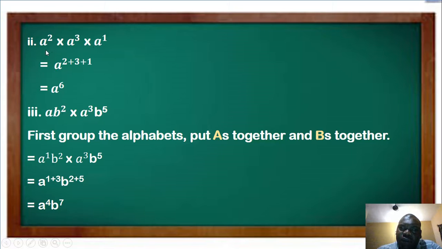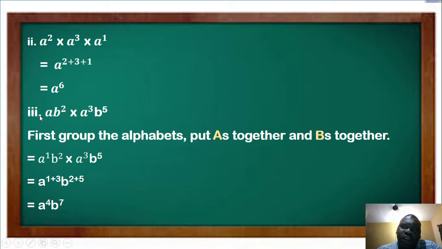So it's equal to a raised to power 2 plus 3 plus 1. 2 plus 3 is equal to 5, plus 1 is equal to 6. So the answer is a raised to power 6.